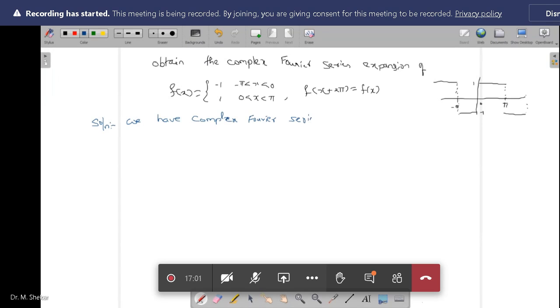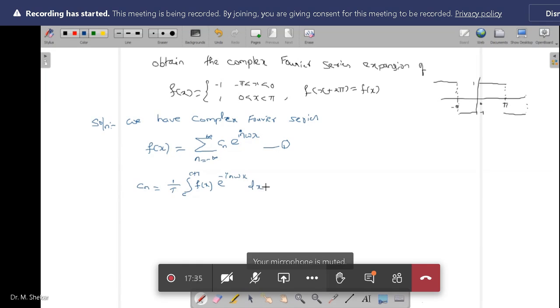So that is f of x equals summation n running from minus infinity to plus infinity Cn e to the power i n omega x, equation 1, where Cn is 1 by T integration from c to c plus T f of x into e to the power negative i n omega x dx.